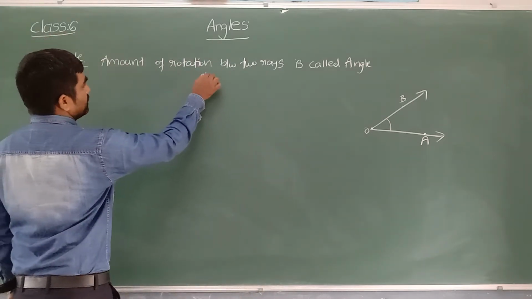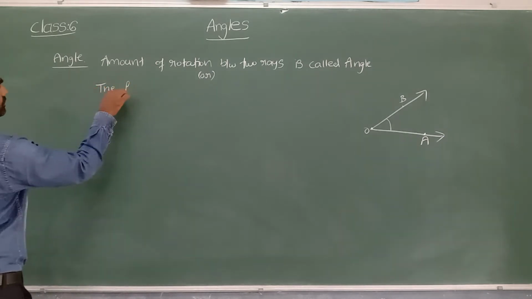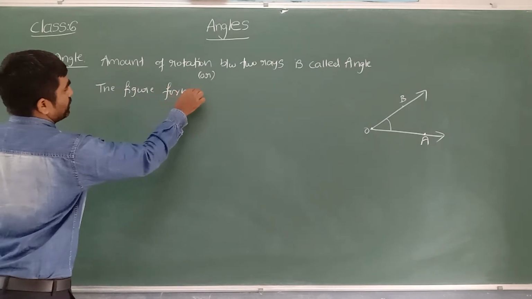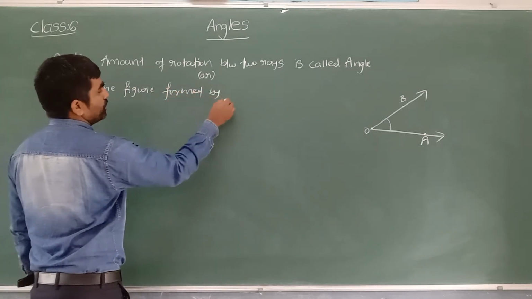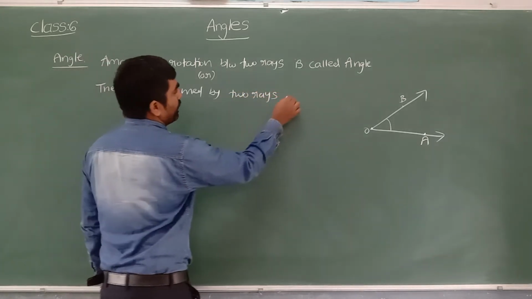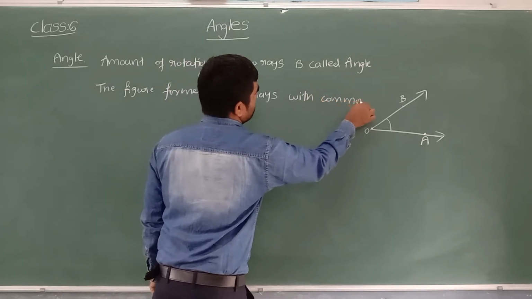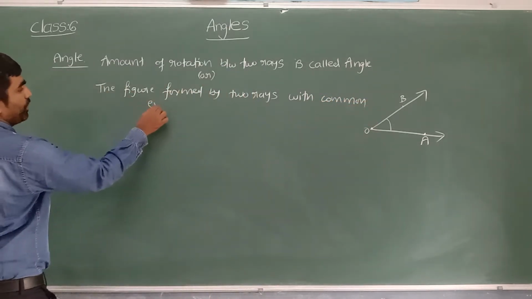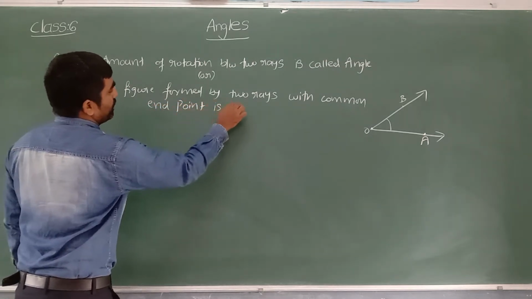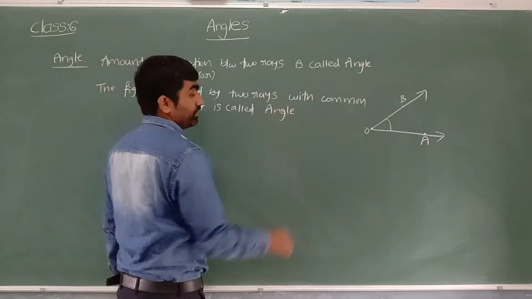Whatever the amount we rotated, that amount of rotation is called an angle. Or we can say that the figure formed by two rays with a common end point is called an angle.